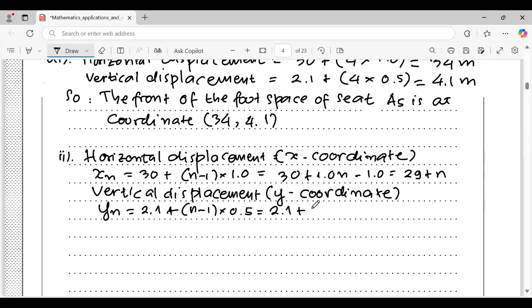That is 2.1 plus 0.5 n minus 0.5. It is 1.6 plus 0.5 n.